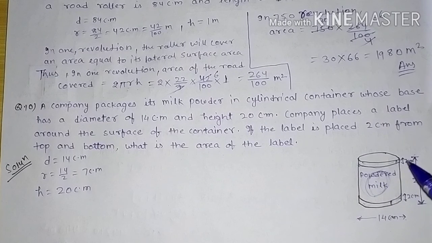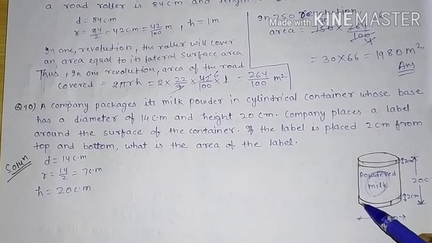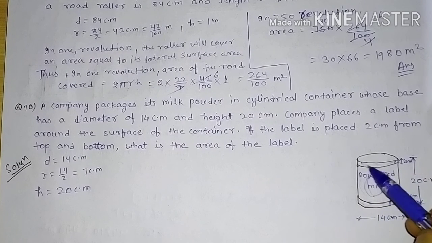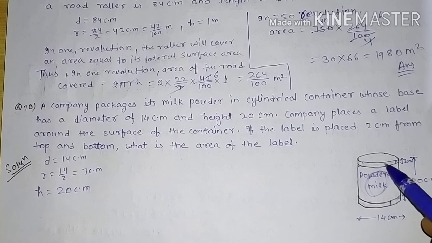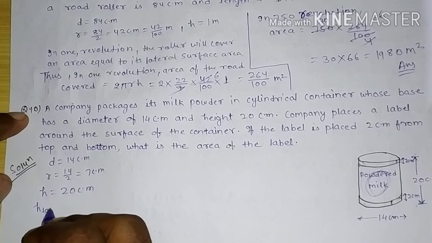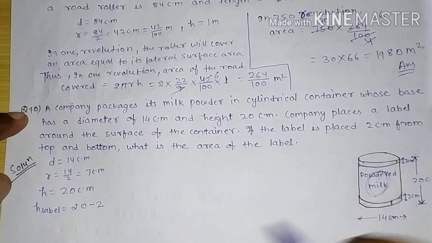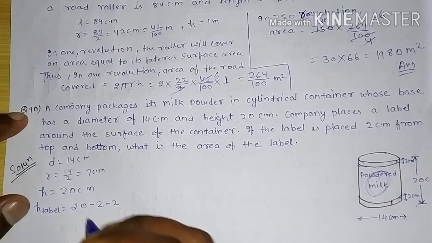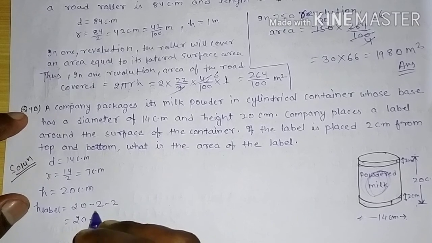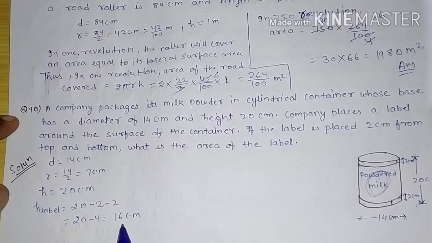The 2 centimeter at the top and 2 centimeter at the bottom are left here. The label is not pasted. So just remove these 2 centimeter and 2 centimeter from the whole height. So height of label equals 20 minus 2 at the top and minus 2 at the bottom. So it will be 20 minus 2 and minus 2, that is minus 4, and so it will be 16 centimeter. So height of label is 16 centimeter.